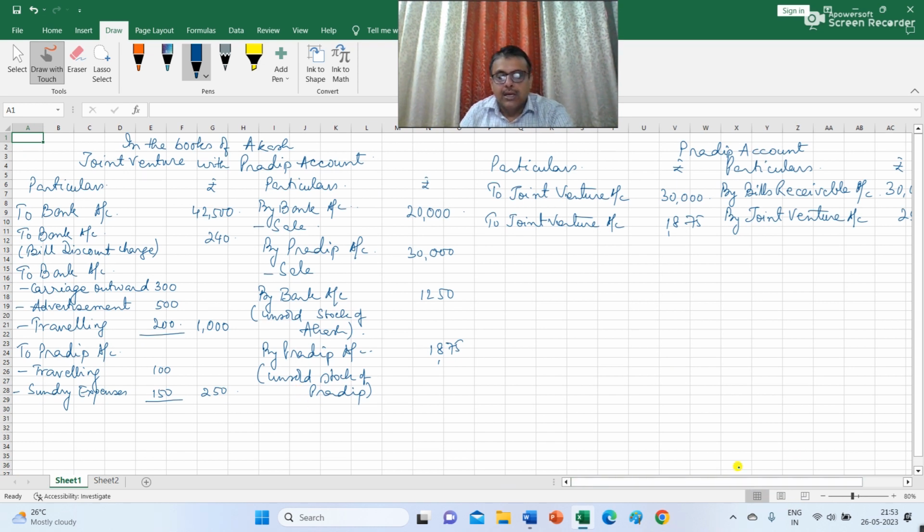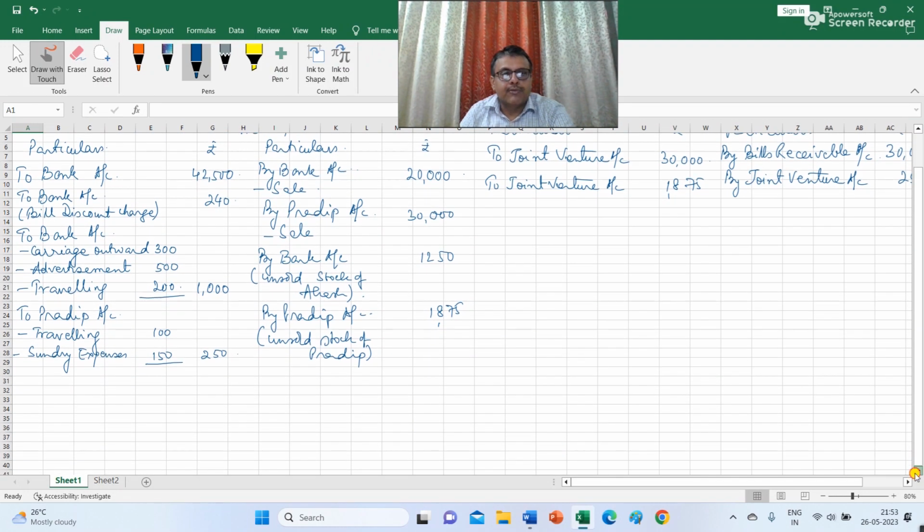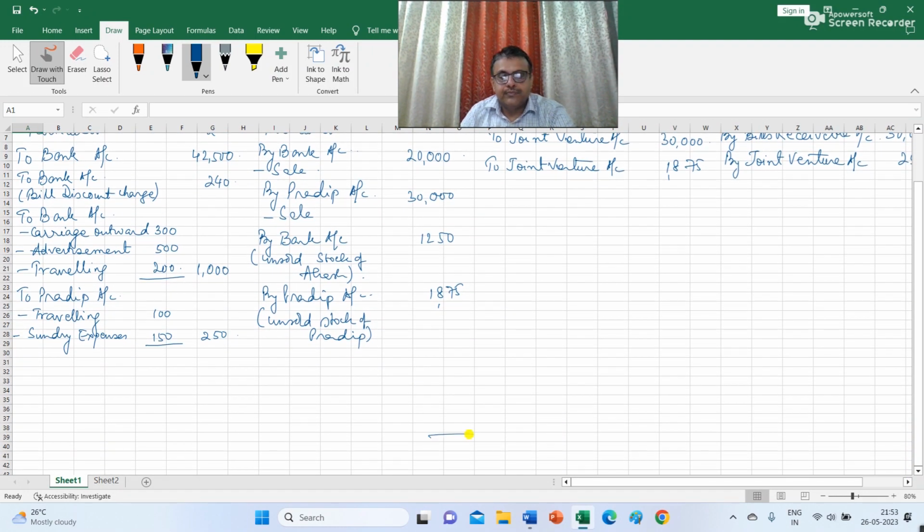So you will find that the total of credit side is 53,125. You will get a difference of 9,135 on the debit side, which represents the profit on joint venture. So this 9,135 will be shared between Akash and Pradeep equally.